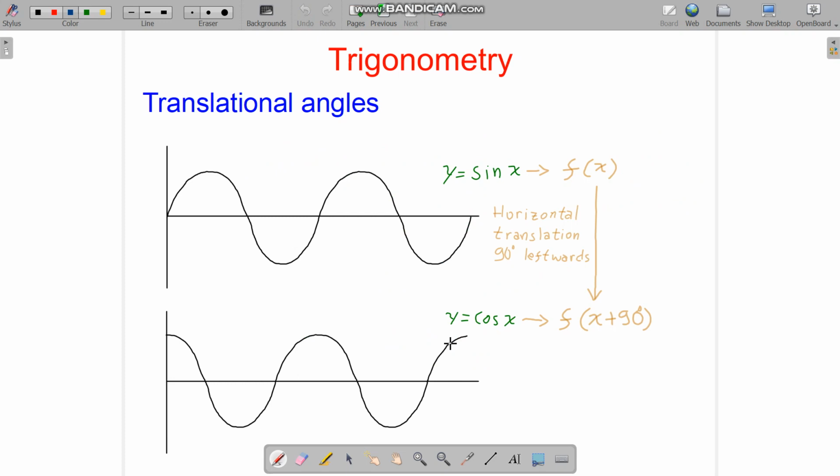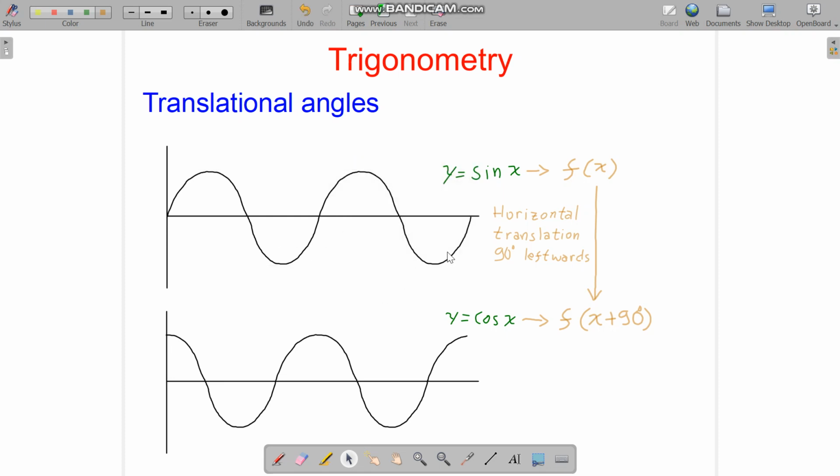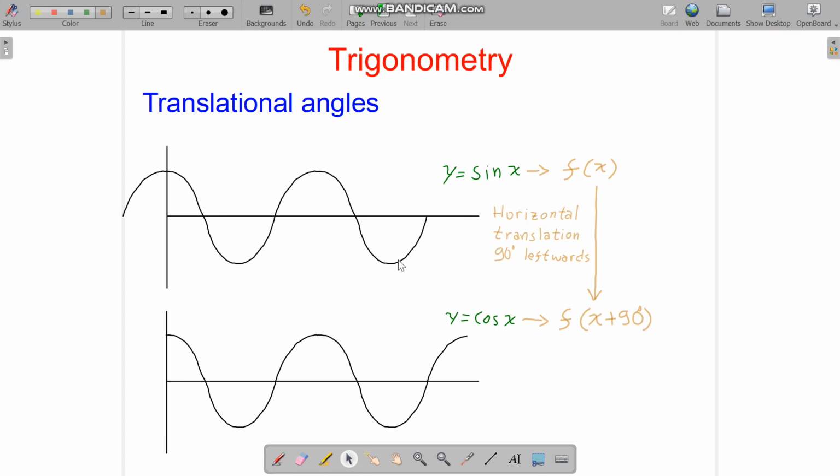Translational angles. We know that this is the basic shape of a sine graph, and the basic shape of a cos graph. If sine is f of x, and you look at the pattern here, if we slide this sine graph 90 degrees to the left, we will get exactly the same as the cos graph, because this continues forever.